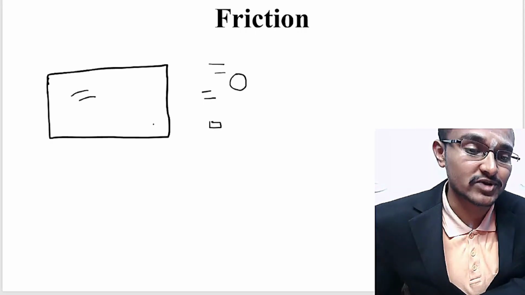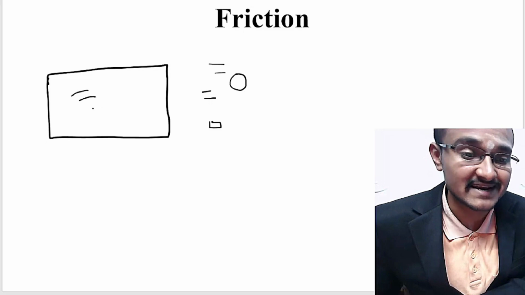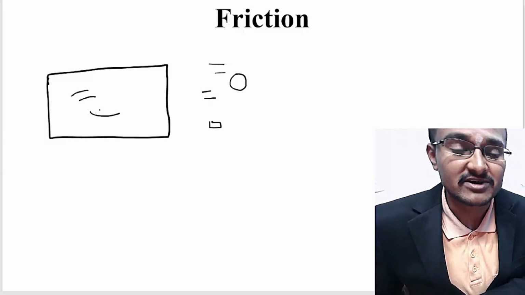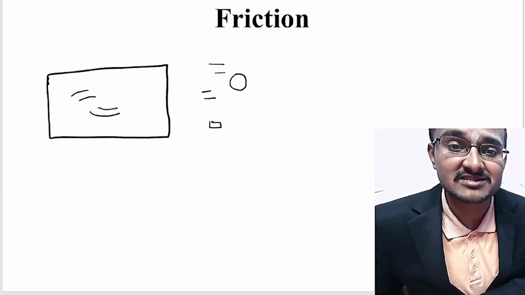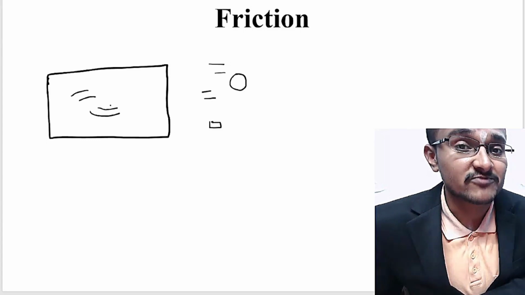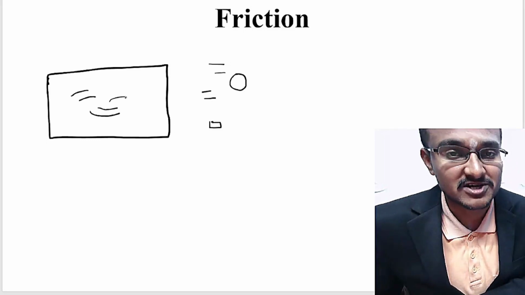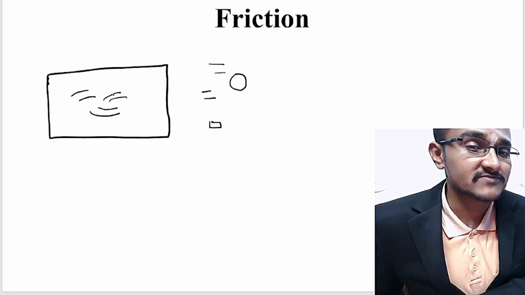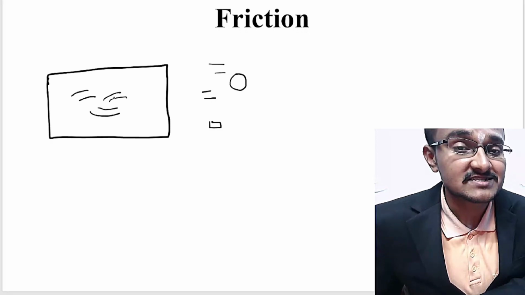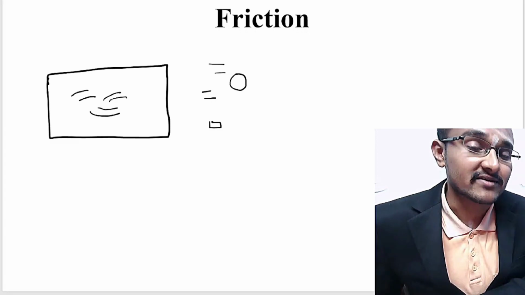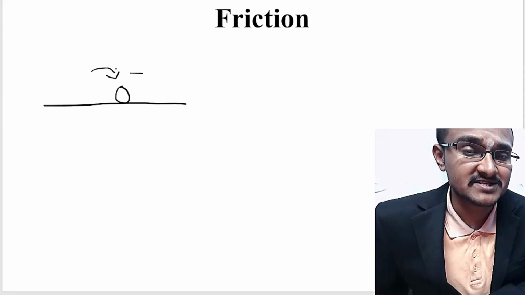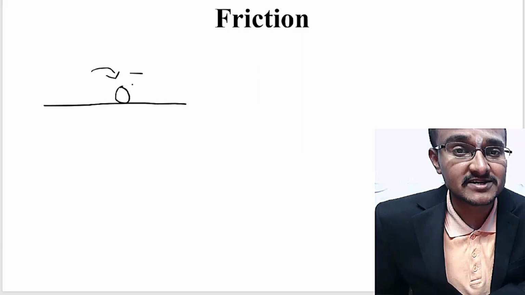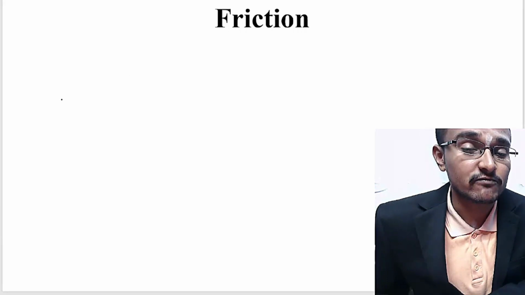Here also, to write on any surface, now I am writing on this digital pad. Even here the friction applied by this digital pad is responsible for me to write smoothly on it. So here also we can see that friction is helping us to write properly. You might have seen that when drivers apply brakes to their vehicles, the vehicles come to rest. So you can understand how friction plays a role in our day-to-day life.